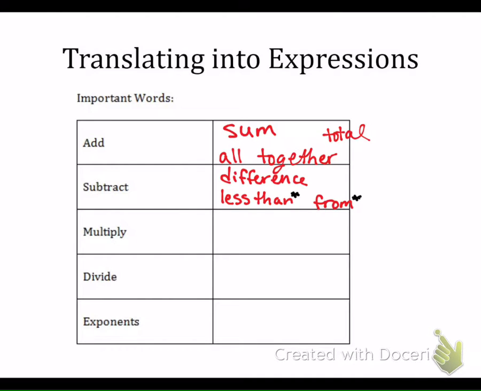All right, so down on multiply, the different ways that you can have multiplication in a word type problem. You'll see the word times, of course. It also might say of, or I think the most common one is usually product. So times, of, or product.